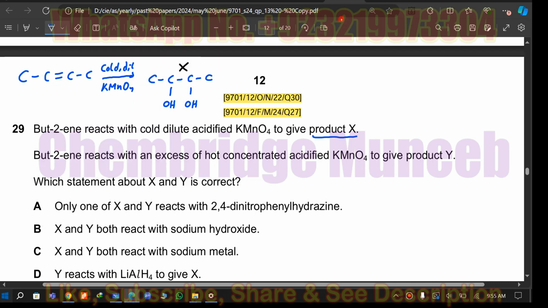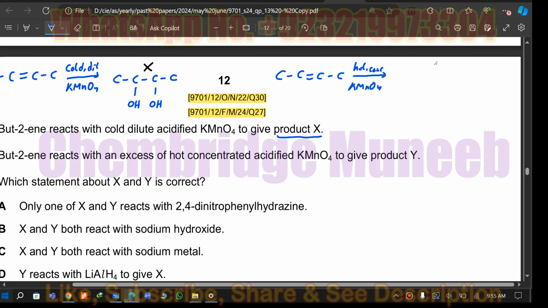Then the other reaction, in which the same butene reacts with hot concentrated KMnO4. The product which is obtained is Y. As a result of this reaction, you should know that there will be cleavage at the double bond, and first it will convert into the aldehyde CH3CHO, and this will further react.